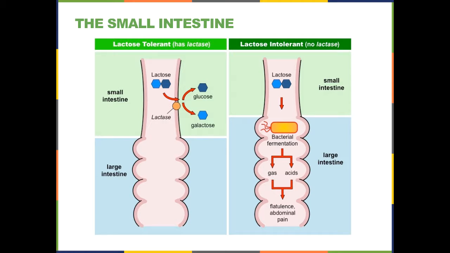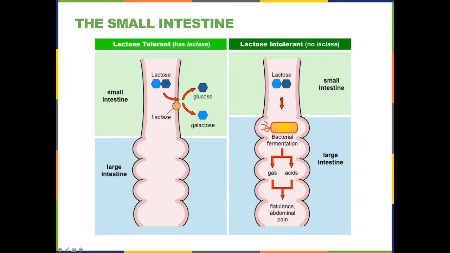In a normal person, lactose, which is milk sugar and is in most milk products, is a two-molecule disaccharide. Lactase breaks this in half, and then the two molecules, a glucose and a galactose, are absorbed into the body. And because it's absorbed into the body, this lactose does not make it to the large bowel.